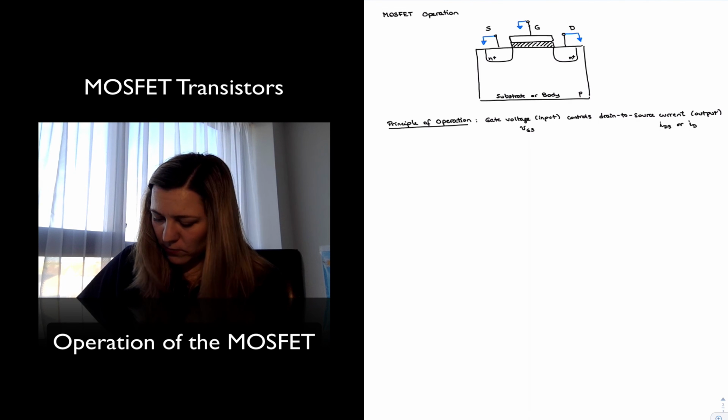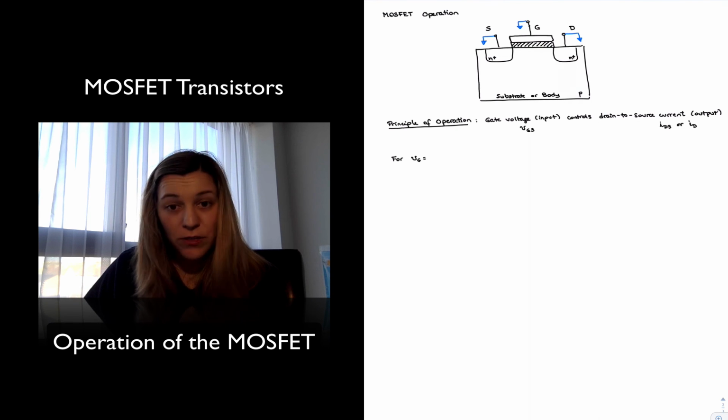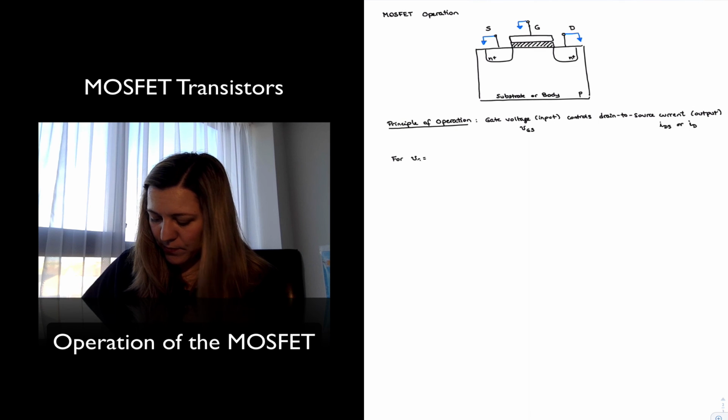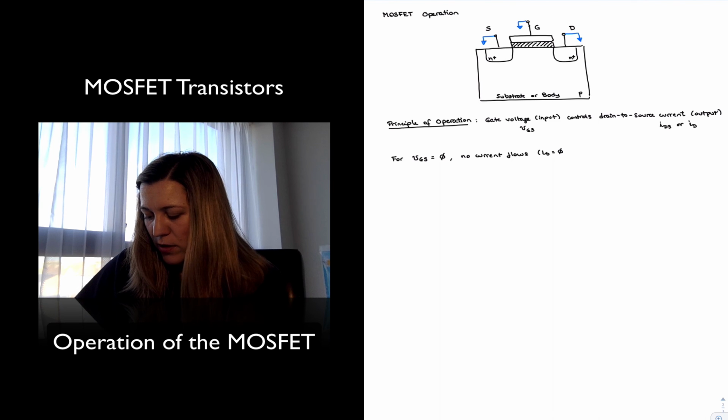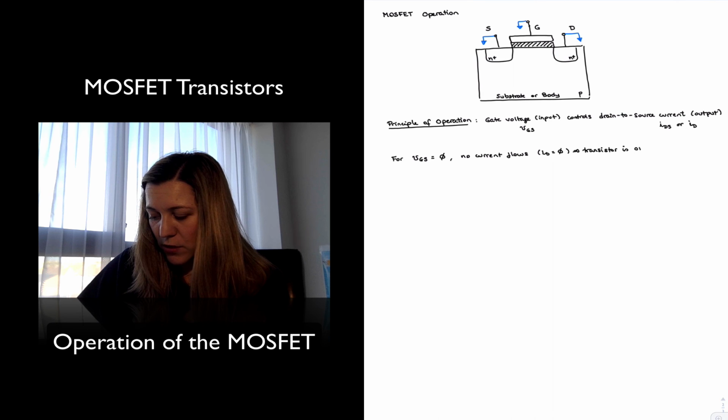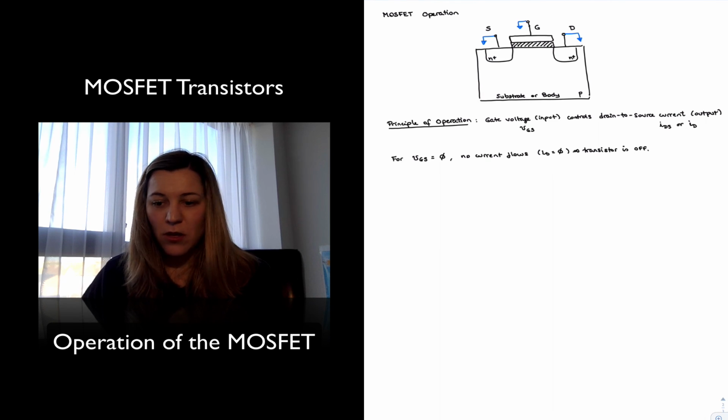So for VGS equals 0, there is no current flow, meaning the current from drain to source is equal to 0, and therefore we say the transistor is off. It's not conducting any current.